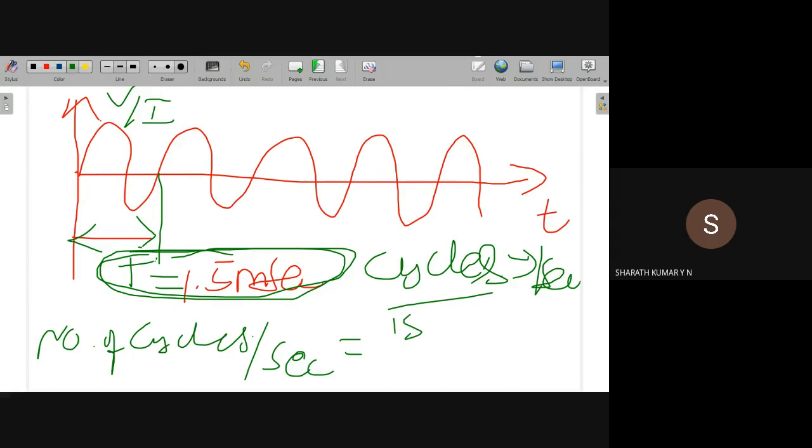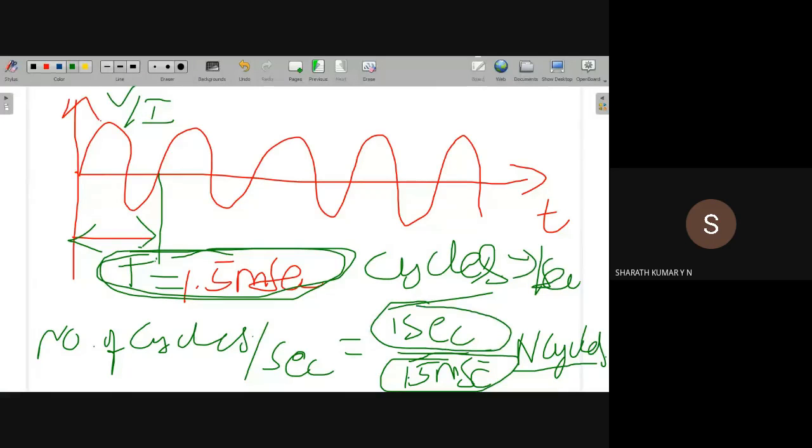Very simple: 1 second divided by 1.5 milliseconds. Let's say this is n number of cycles. So that means n number of cycles of 1.5 milliseconds each will appear for a duration of 1 second.